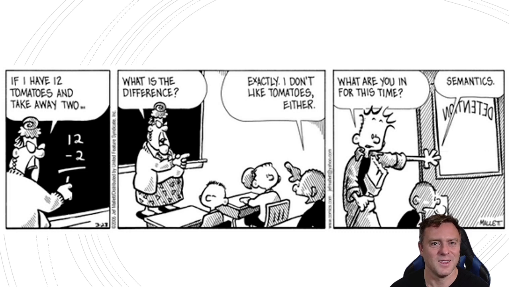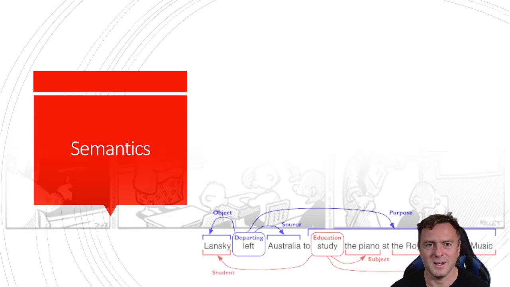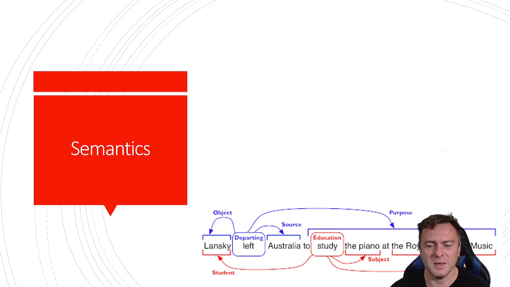Semantics. So semantics, hopefully you picked up, is the meaning that's happening behind here. If we think about it, we break down sentences and work out the structure of what's happening. So this sentence: Lansky left Australia to study the piano at the Royal College of Music. There's an institution, so we've bound that together, the Royal College of Music.